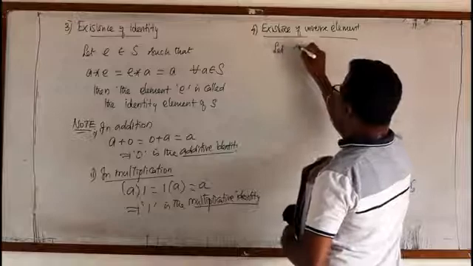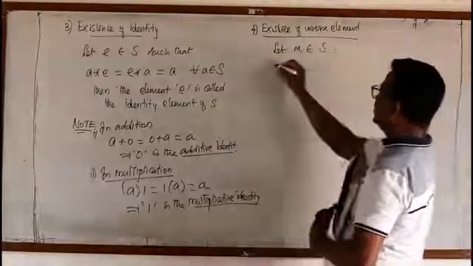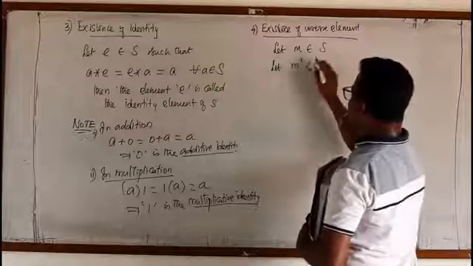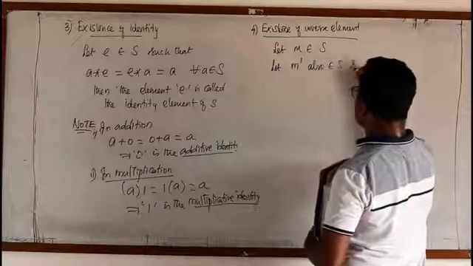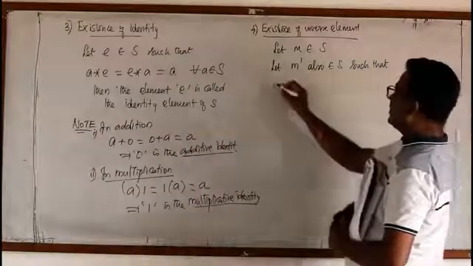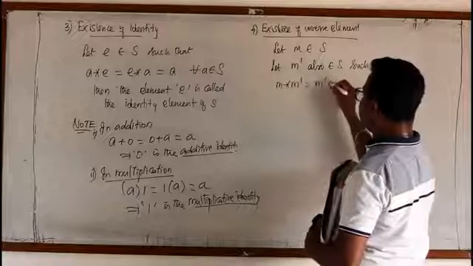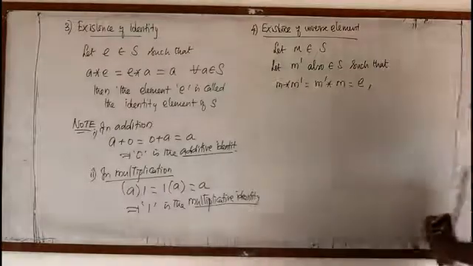Let M belong to S be any element. Let M dash also belong to S, such that I have another element M dash such that either M star M dash or M dash star M gives me the identity as the answer.